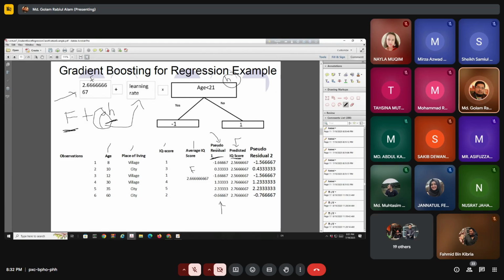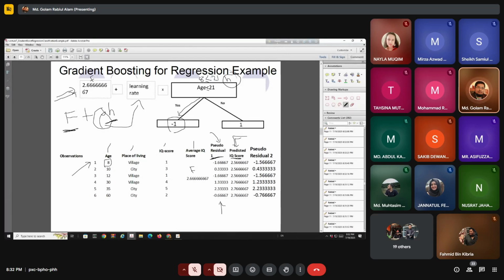So now we want to find out the predicted IQs. If we pass the first observation, this age is 8, pass it here. Then the age, we can say, is 8 less than 21. Is it true? Yes, true. True means this side, so here is the -1.